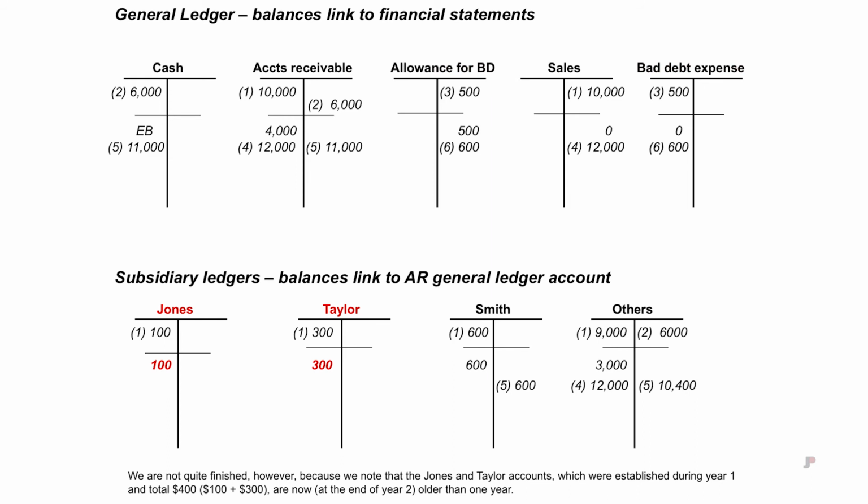We are not quite finished, however, because we note that Jones and Taylor accounts, which were established during year 1 and total $400, $100 plus $300, are now at the end of year 2 older than 1 year.